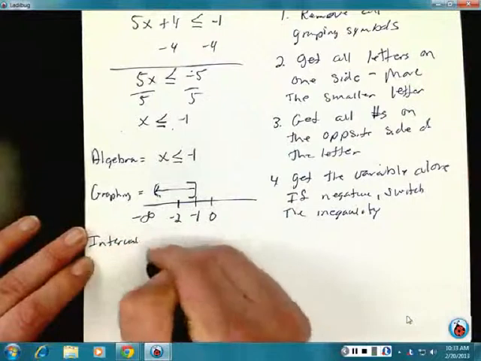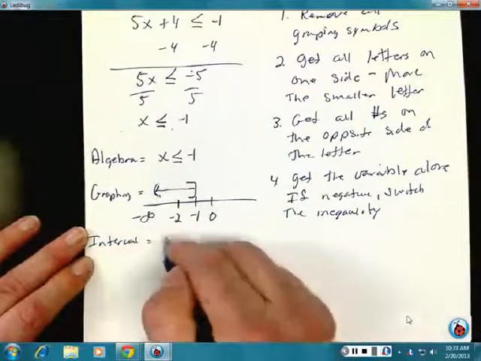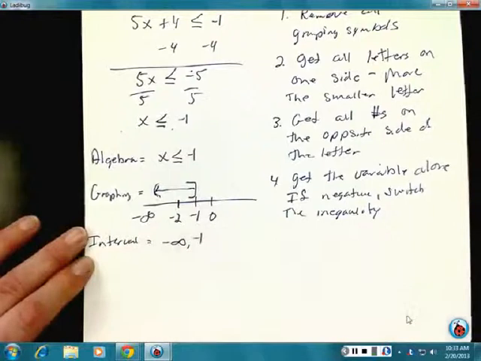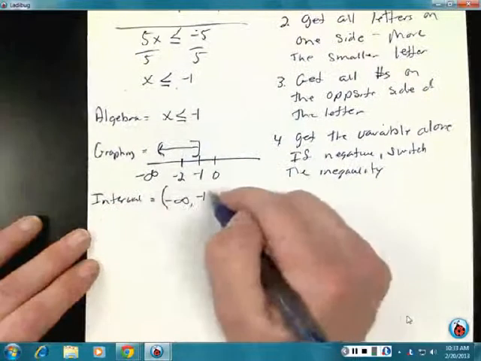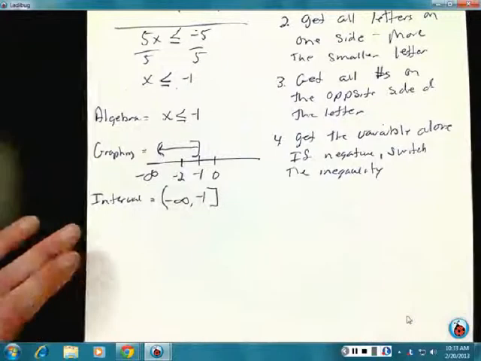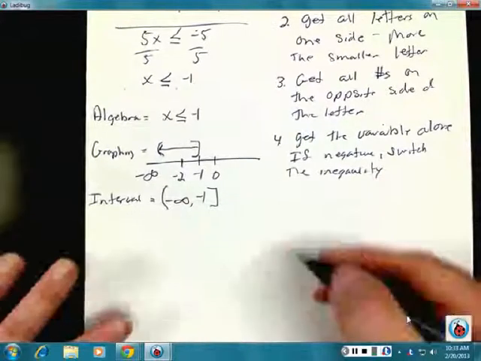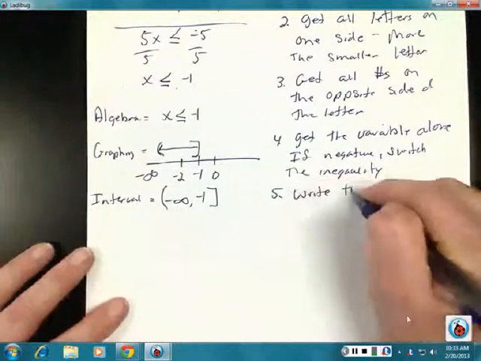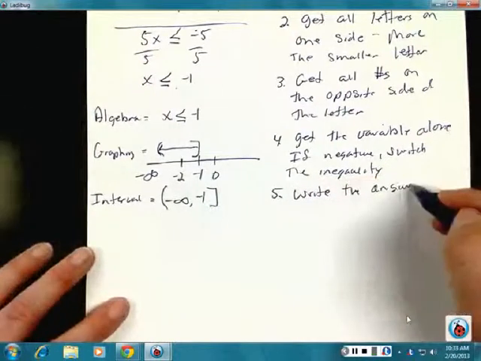Interval notation would be -infinity to -1, a parenthesis by the infinity and a bracket by -1. And then step 5 is write the answer as requested.